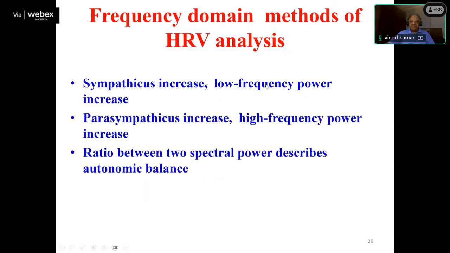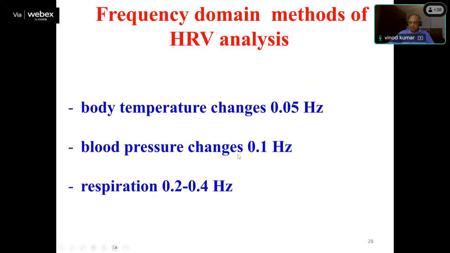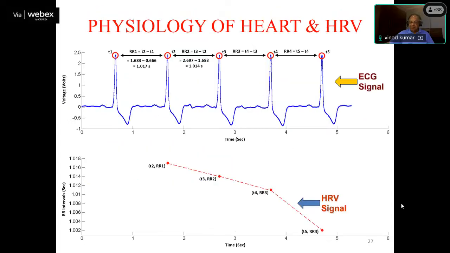Sympathetic increases low frequency power. If we do frequency domain analysis of the HRV signal, you must be knowing about time domain signal and frequency domain signal. This is my time domain signal, and if I find the Fourier transform, I can get the frequency domain signal.